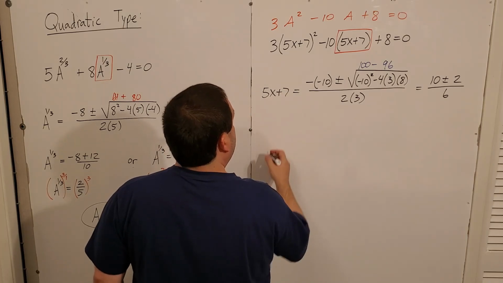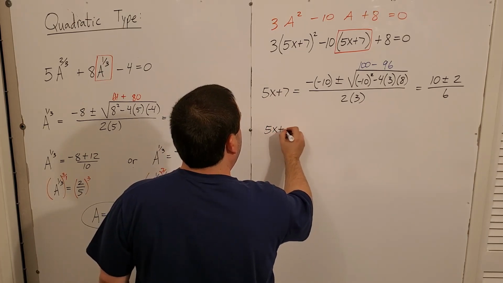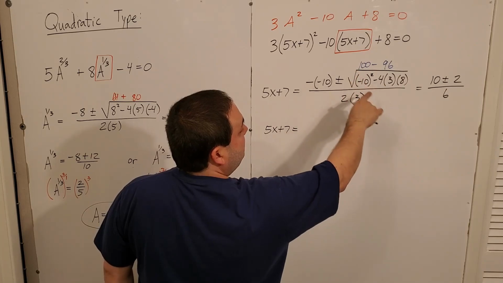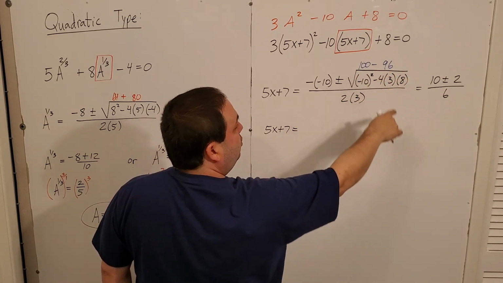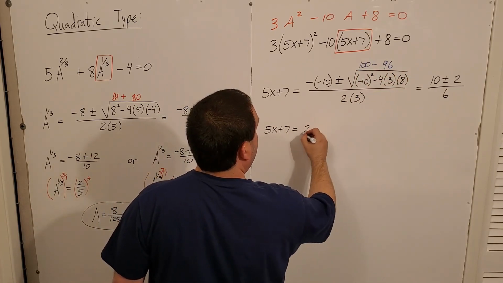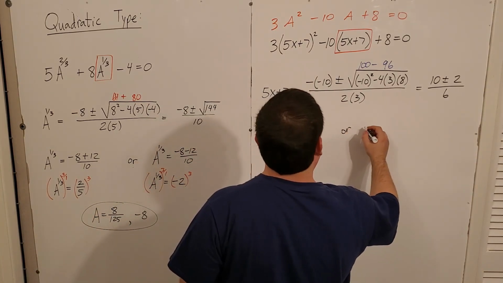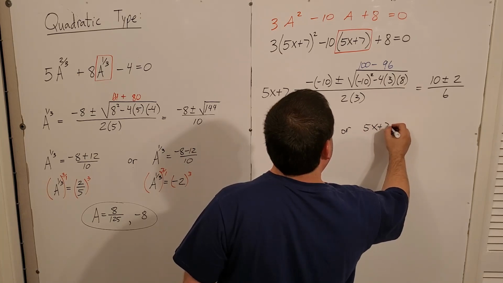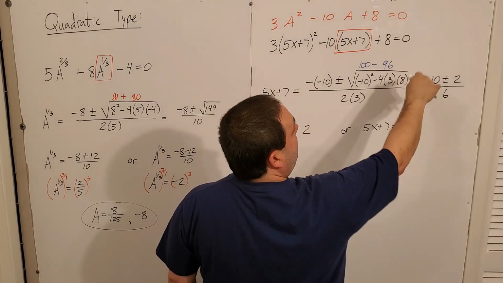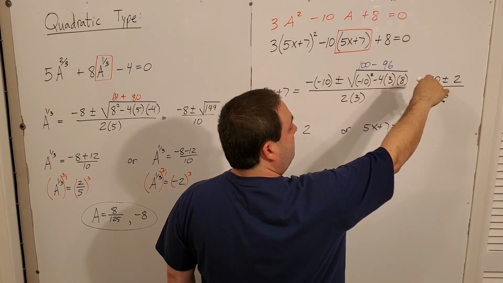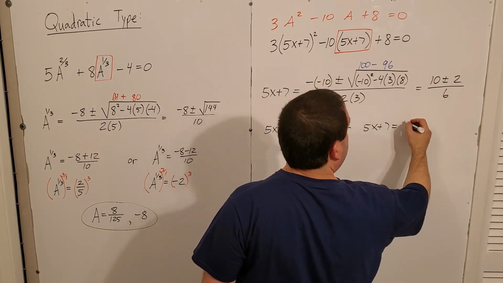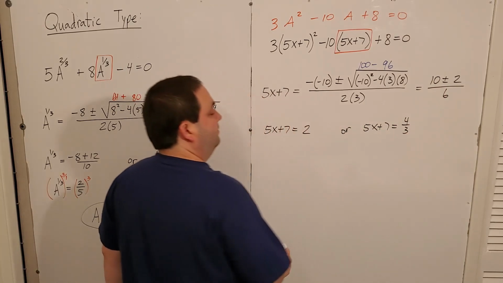I've got 5x plus 7 is equal to 10 plus 2 is 12 over 6, which is just 2. Or 5x plus 7 equals 10 minus 2 is 8 over 6. 8 over 6 is 4/3.